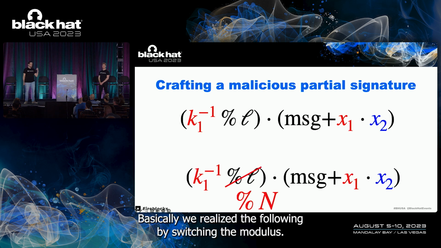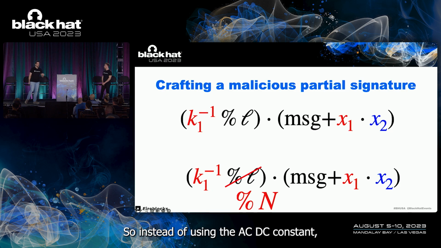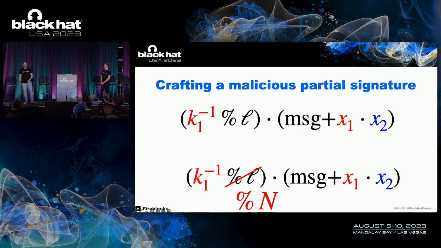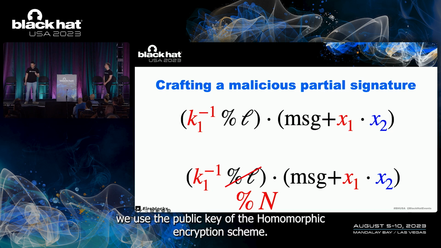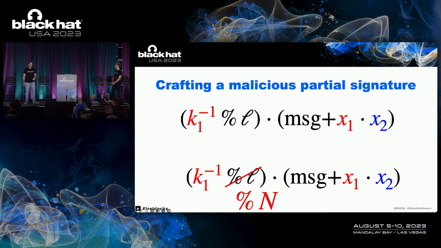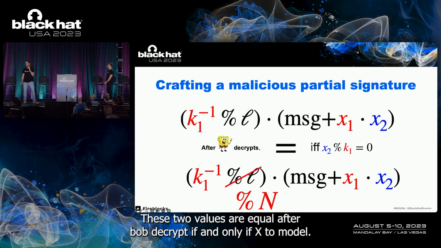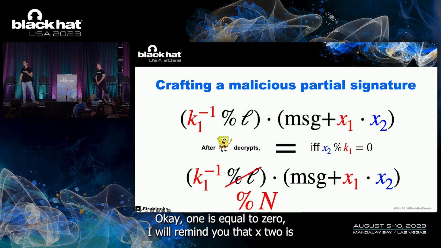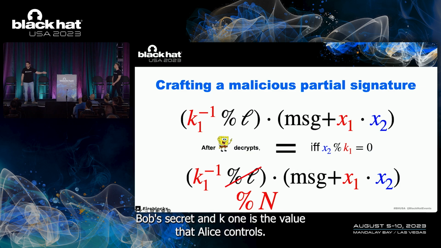Basically, we realized the following. By switching the modulus, so instead of using the ECDSA constant, we use the public key of the homomorphic encryption scheme, these two values are equal after Bob decrypts if and only if x2 modulo k1 is equal to 0. I will remind you that x2 is Bob's secret, and k1 is the value that Alice controls.